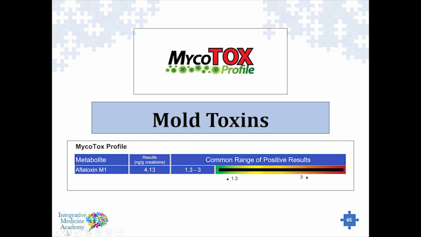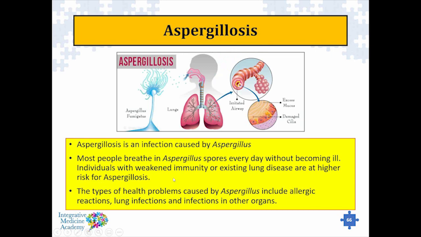Mycotoxins are now another test that we can look at, another thing that we should consider with regards to environmental exposure. And this could even be happening in somebody who's not manifesting with allergies, because most people who are exposed to Aspergillus mold, who are having allergic reactions, will, as I mentioned before, might have respiratory problems.